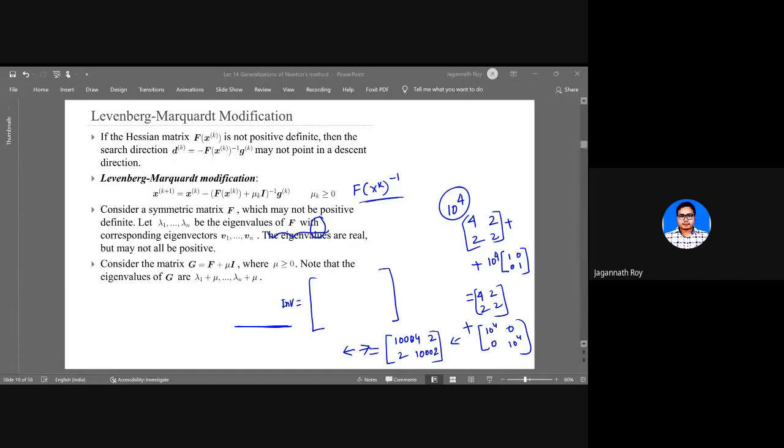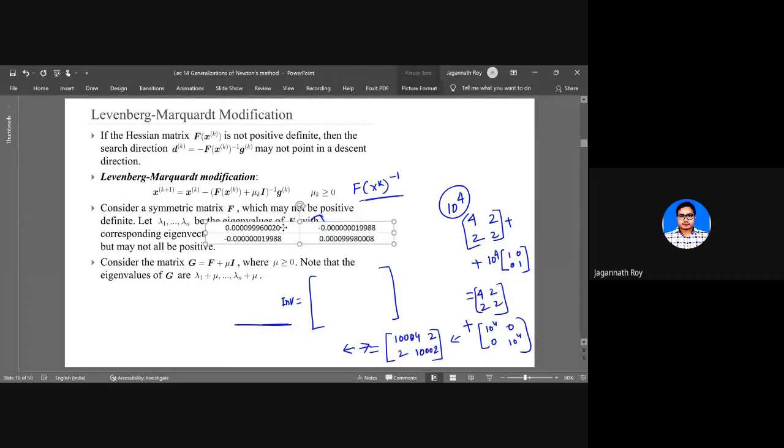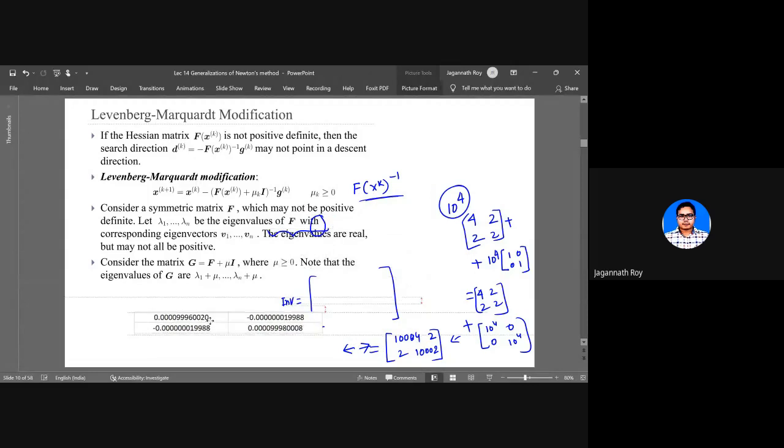If you calculate this one, yeah, this one.